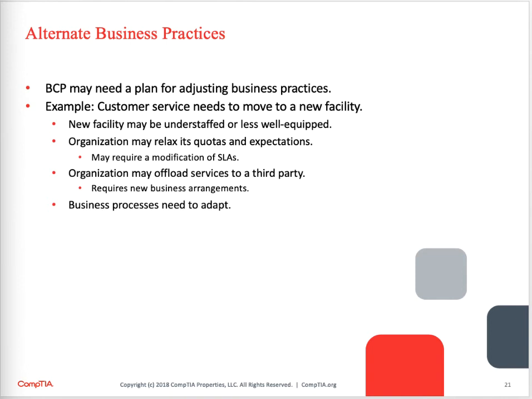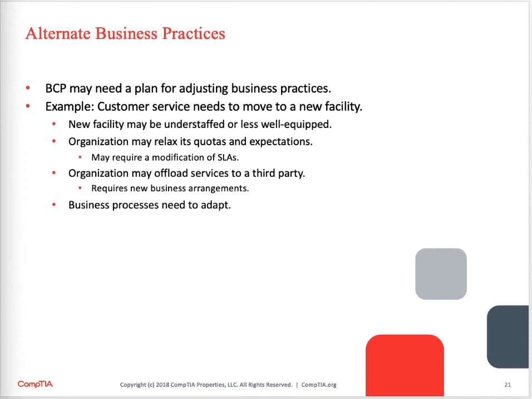So, in response to these conditions, maybe we relax our quotas. Maybe we have lowered expectations for a particular department, or maybe we even offload this processing to a third party and contract somebody out for this. So, business processes are going to need to adapt, right?